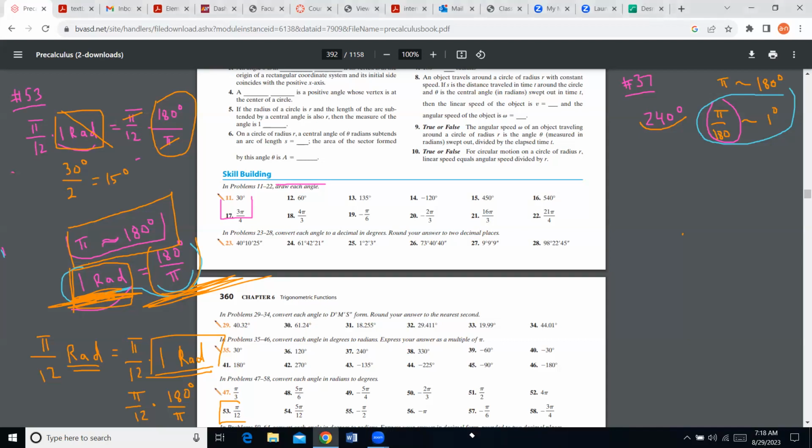I canceled the pi's, because you multiply and divide by pi. Then I divide by 6. Here I get 2, and I divide 18 by 6, I get 3. So it'll be 30 divided by 2. And where did you get the 6 from?